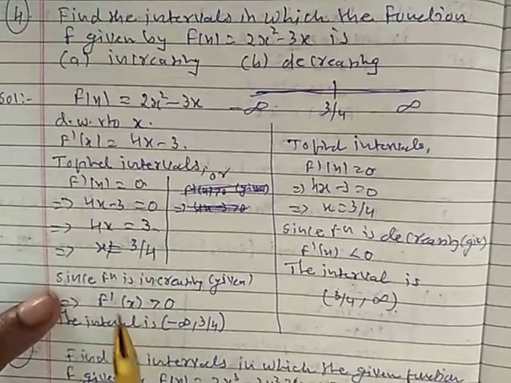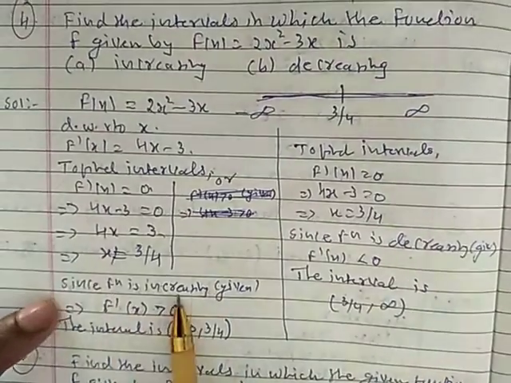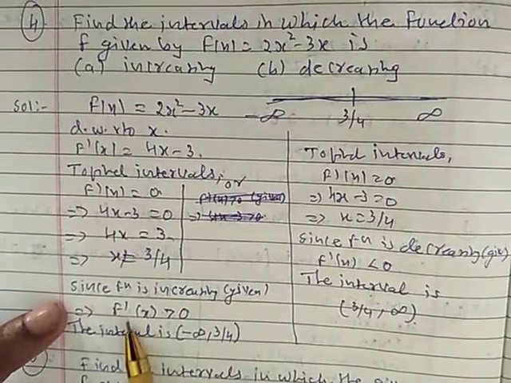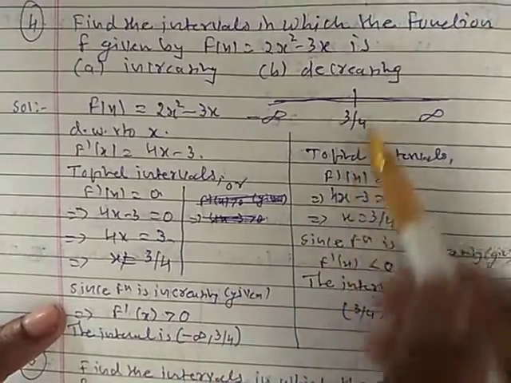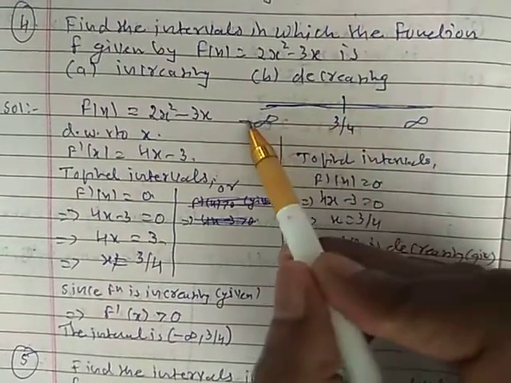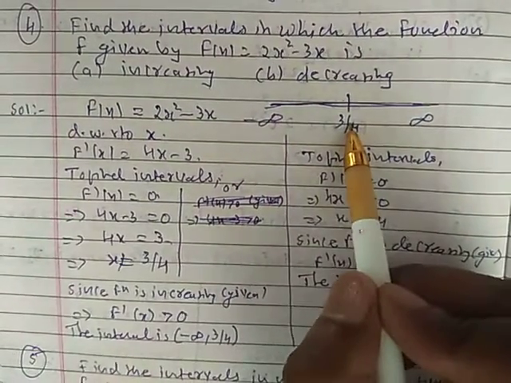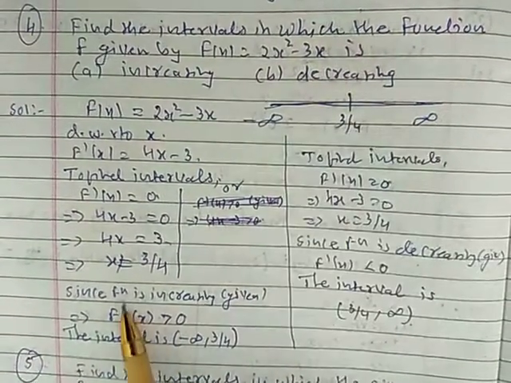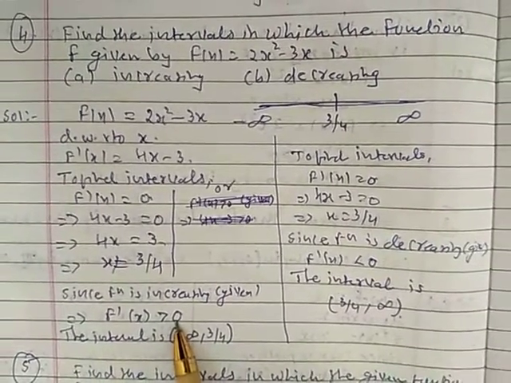Now what is given? The function is increasing. It means that f'(x) is greater than 0. You find the interval, here minus infinity to infinity. So in the open interval minus infinity to 3 by 4, the function is increasing.